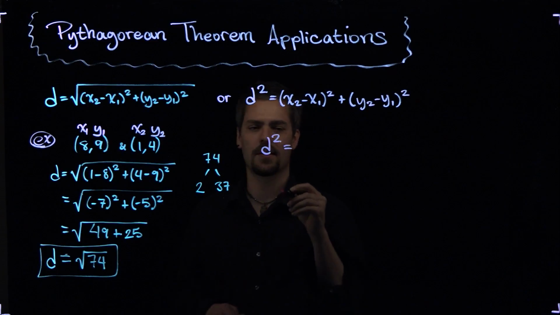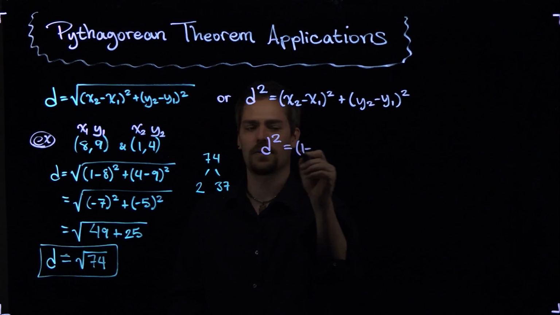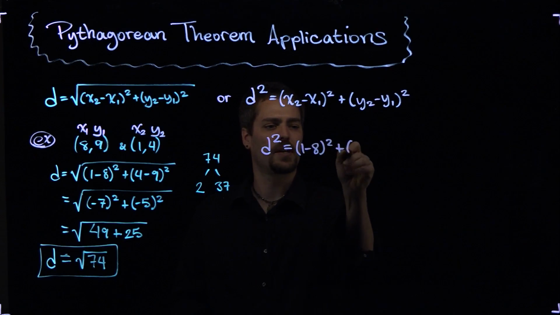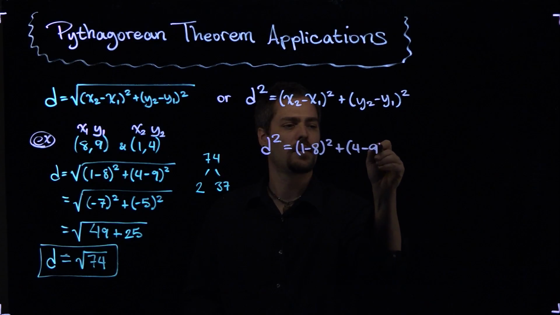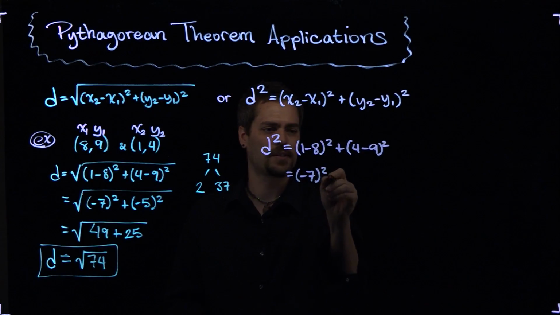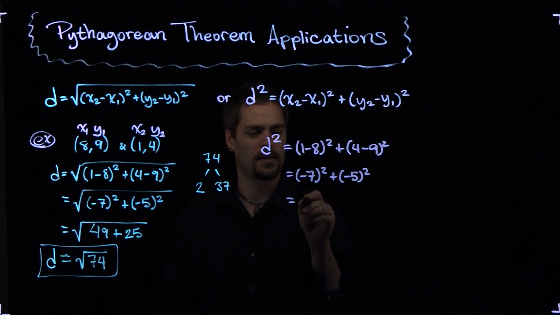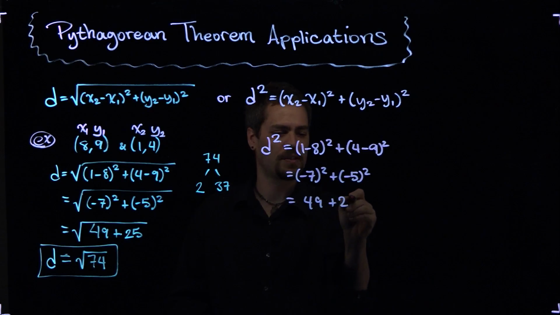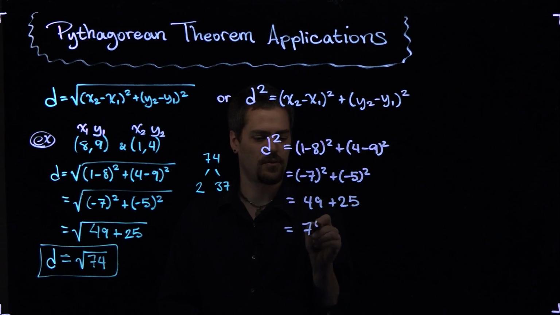And if I use these numbers, let me do my x2 minus x1 squared plus y2 minus y1 squared, and go from here. This gives me negative 7 quantity squared plus 4 minus 9, which is negative 5 quantity squared. That gives me 49 plus 25, which is 74.